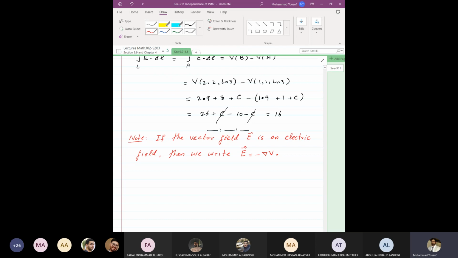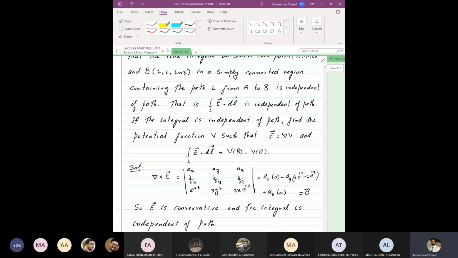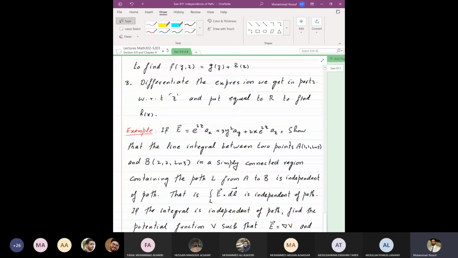Because here in the question, it is not saying what this E is. We are not saying anywhere it is an electric field. So if the question says, show that the electric field is conservative, you need to put a negative sign.